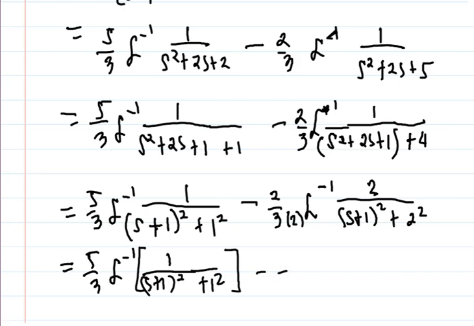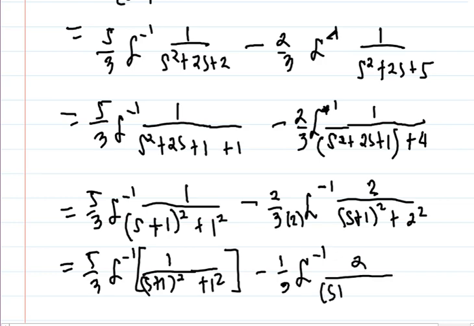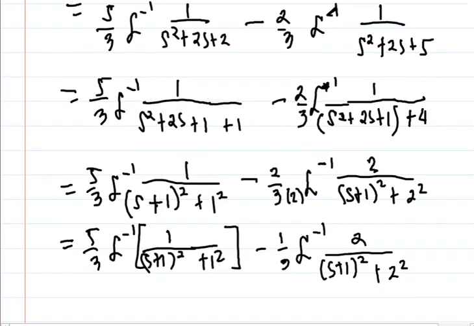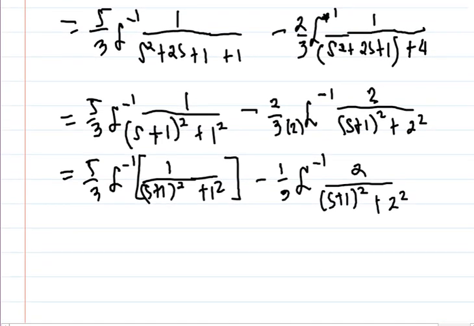So we have 1/3, minus 1/3 inverse Laplace transform of 2 all over s plus 1 squared plus 2 squared. So this is s squared plus a squared lang, which is the formula para sa aton nga sine function, but we have the first shifting lang.